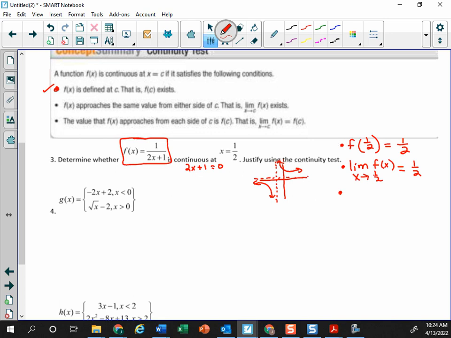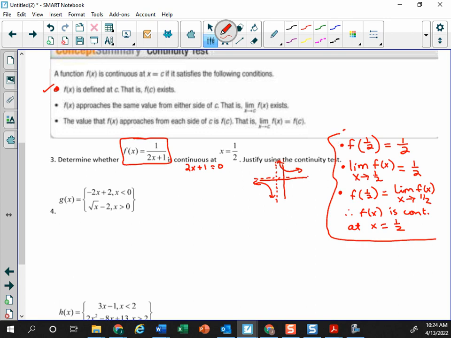So your third bullet point is to say f of 1/2 is equal to the limit of f of x as x approaches 1/2. Therefore, f of x is continuous at x equals 1/2. Okay, so all of that is your answer for number 3.